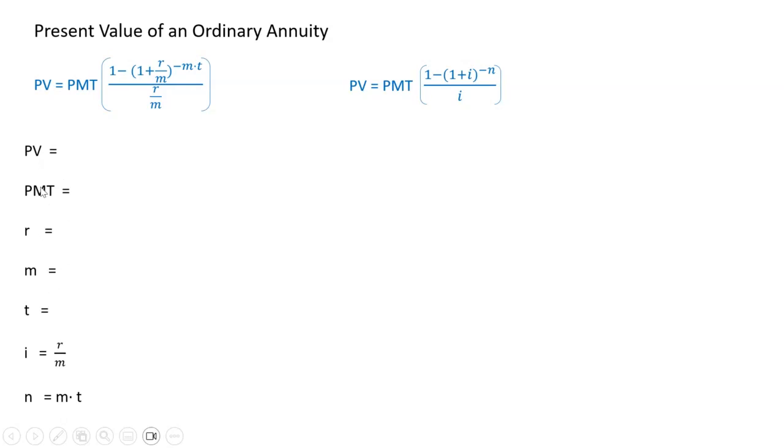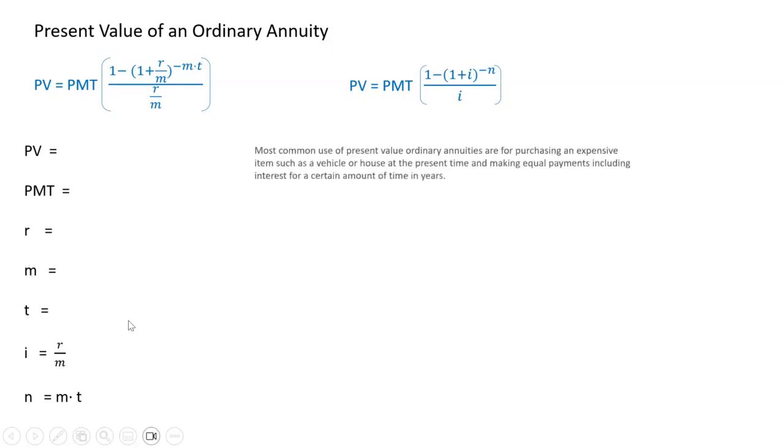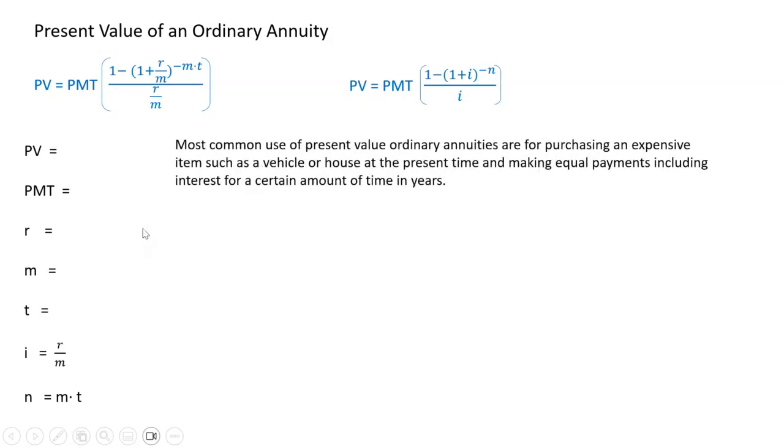There are 7 things: the present value, the payment, the interest rate, the number of times it's compounded, the time, the I, and the N. Here's how they use these formulas. The most common use of present value ordinary annuities is for purchasing an expensive item, such as a vehicle or a house, at the present time and making equal payments, including interest, for a certain amount of time in years.